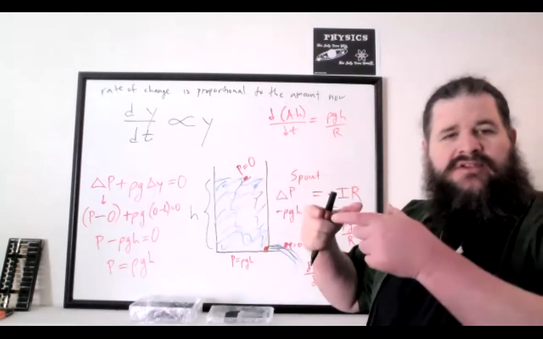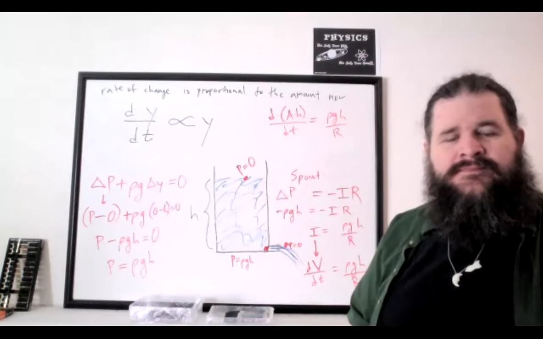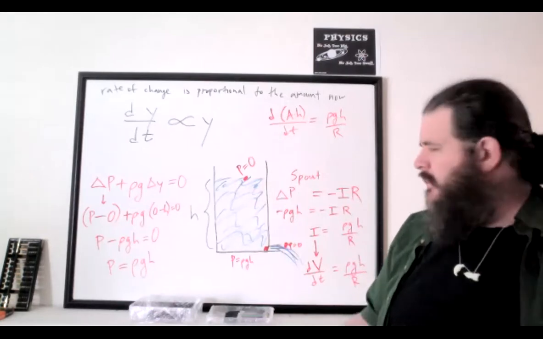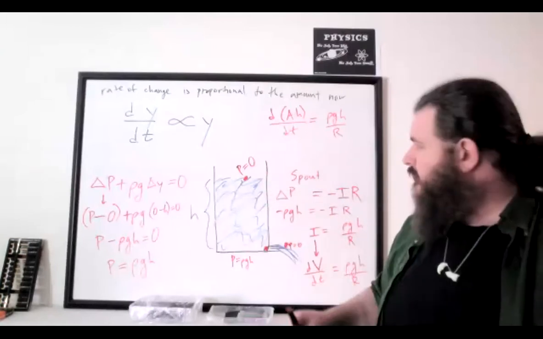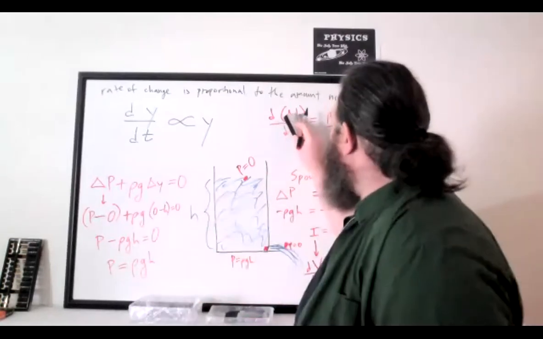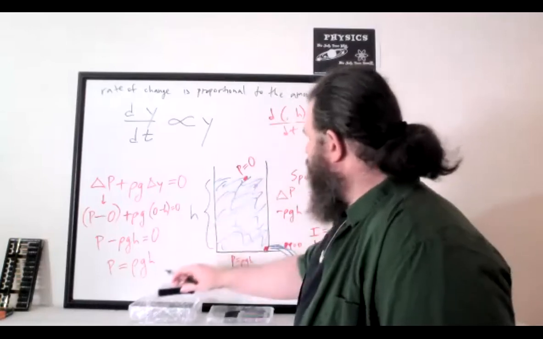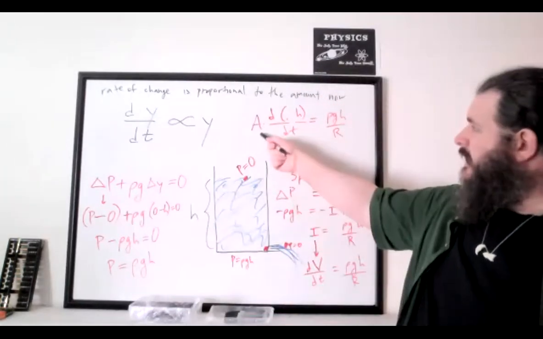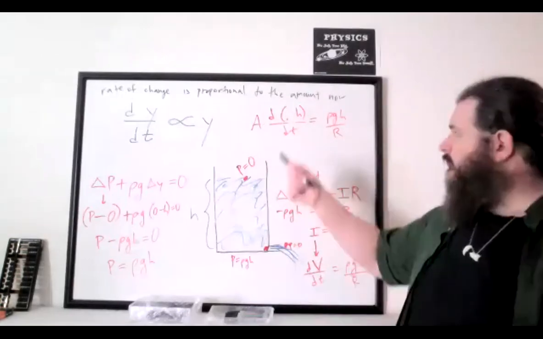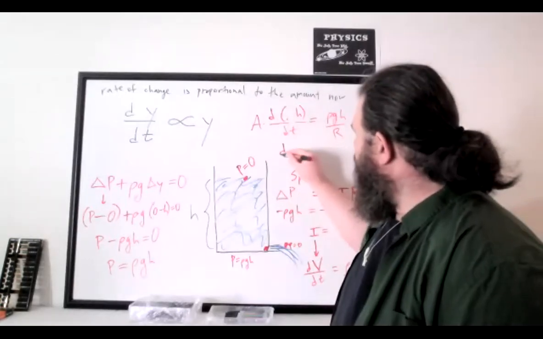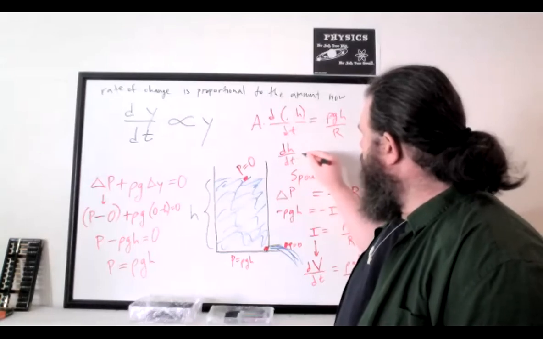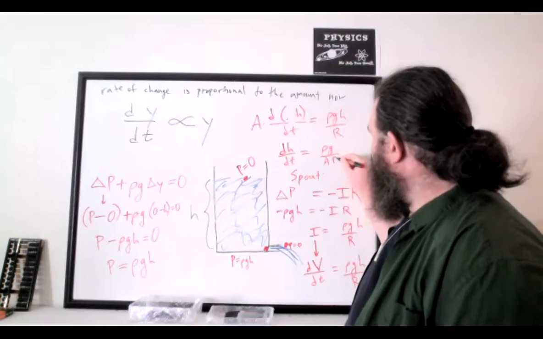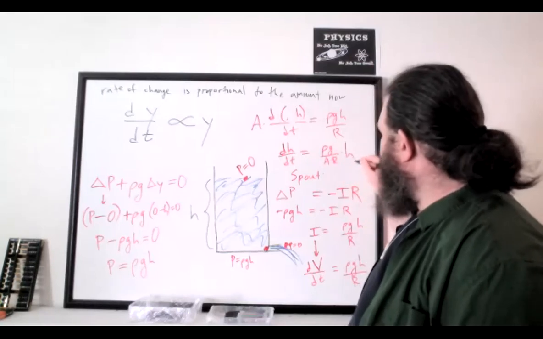Does that change the cross-sectional area? No, cross-sectional area is the same throughout, right? So that means A is a constant, and a constant multiplier can be factored out of a derivative. So we just have A times dH/dt. If we divide both sides by A, we get dH/dt equals rho g over AR times h.